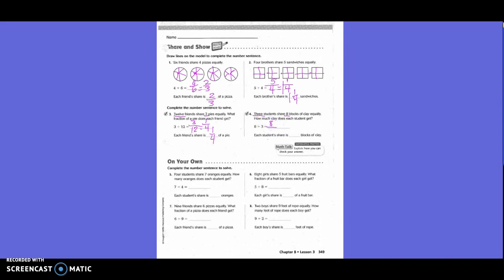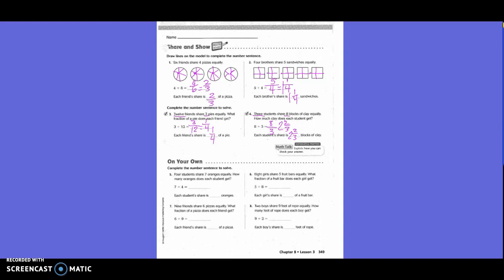And then what goes in the denominator? 3, because that is the divisor. So 3 goes into 8 twice, with 2/3 left over. So each student's share is 2 and 2/3 blocks of clay.